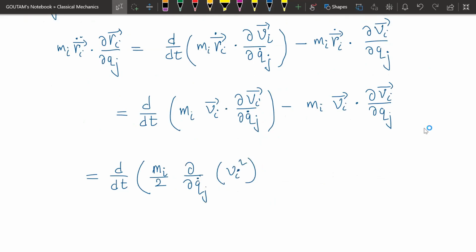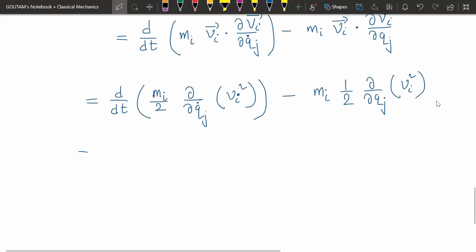If you take the derivative, then a 2 will come and cancel the 2 below, and we will get v dot del vi del qj. Minus mi, again half, del qj of vi square.